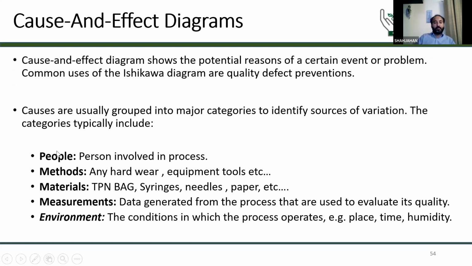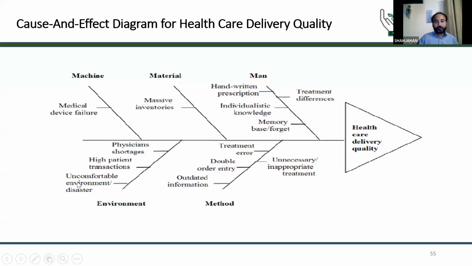For example, a problem in the people, the persons involved in the process; problems in the methods; any hardware or equipment involved in the process; material issues, such as TPN bag problems, syringe problems, needle problems; measurement issues, meaning data generated from the process that are used to evaluate the quality; and environment issues, the conditions in which the process operates, for example place, time, humidity. So we have to categorize the issues into these five categories.